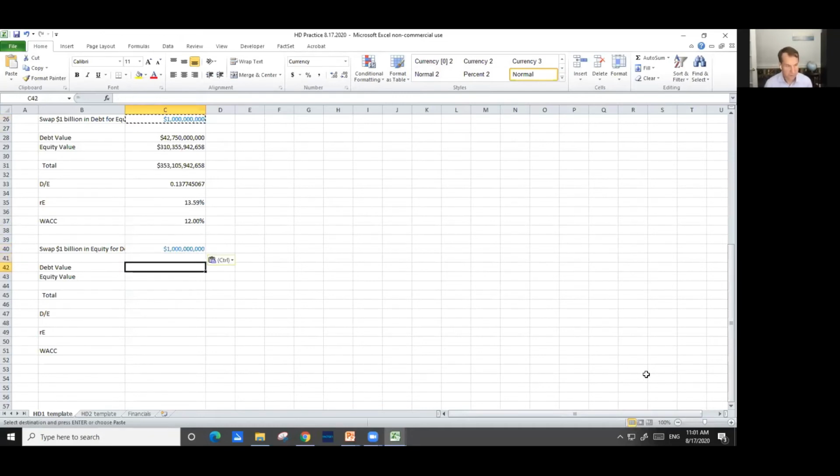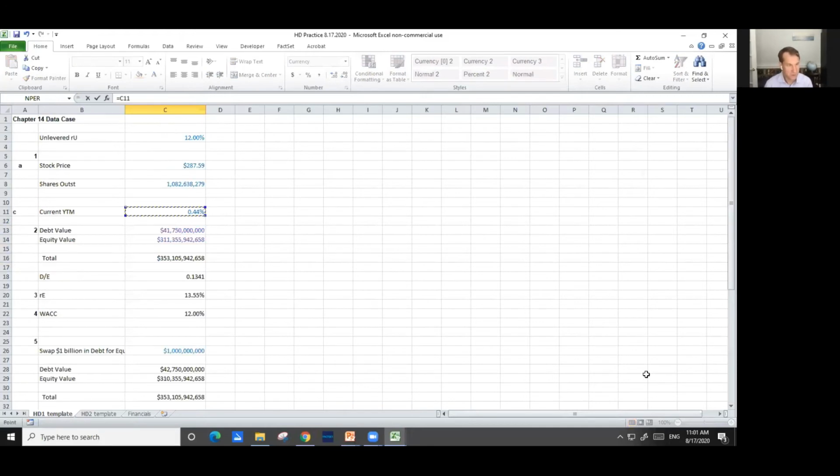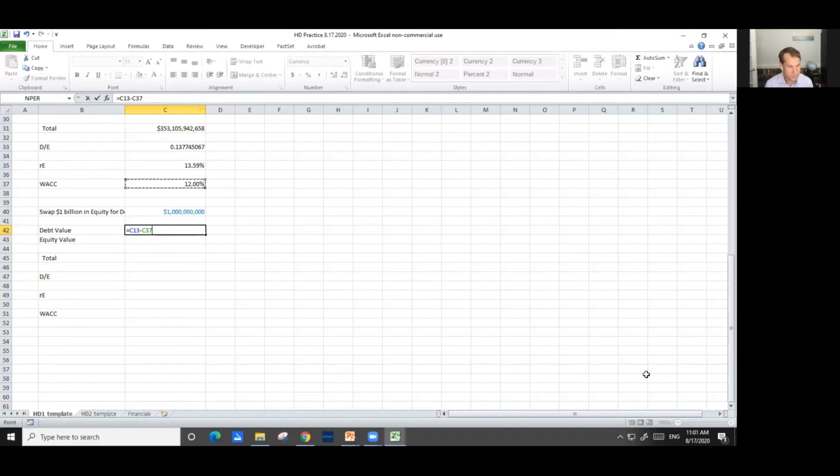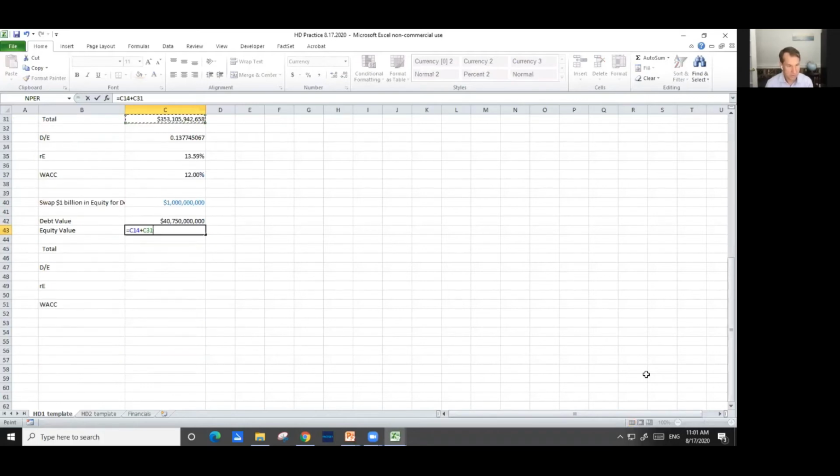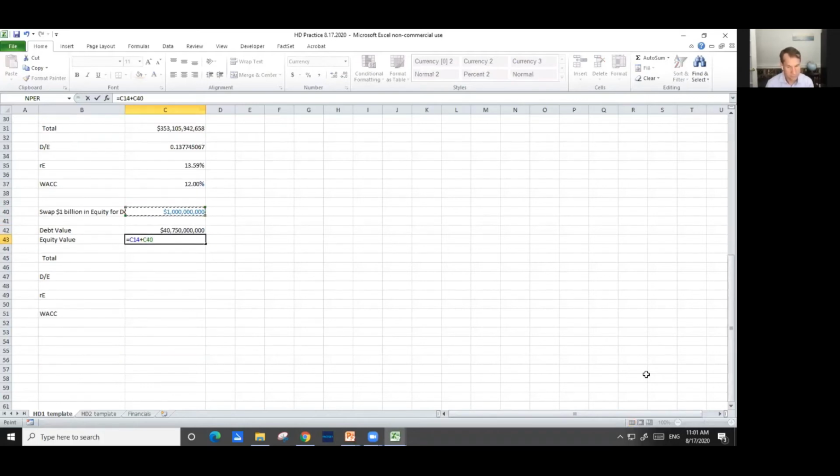So that value is now lower by $1 billion than in the base case. The equity value is higher by $1 billion. Total would be the same. Debt to equity would be lower than in prior two cases.